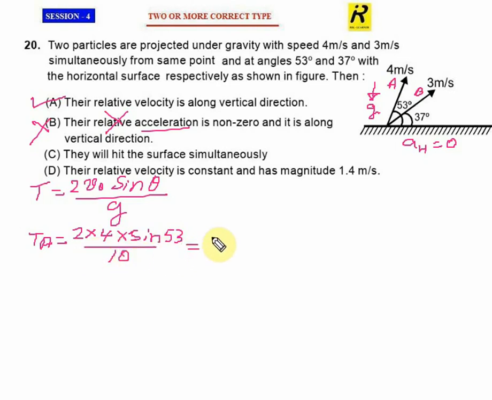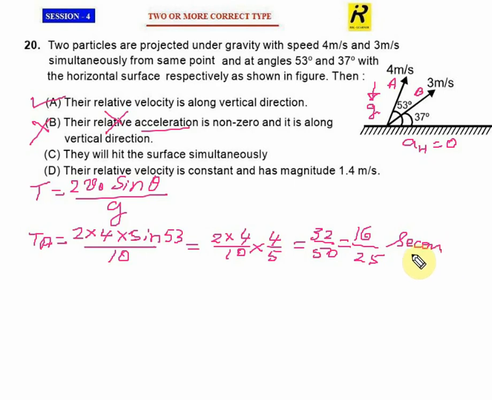So this equals 2 into 4 divided by 10 into sine 53 which is 4 by 5, that is 32 divided by 50. This is 16 divided by 25.